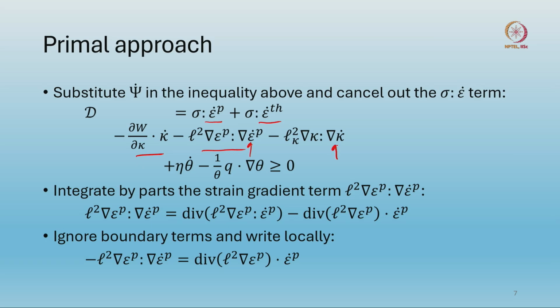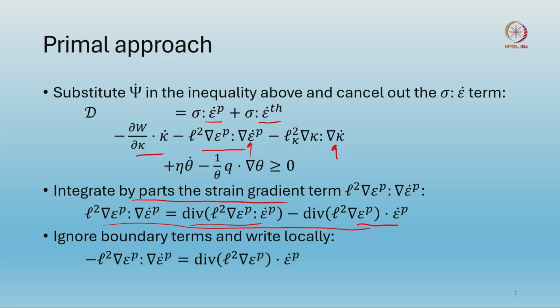Similarly, this term is not the right term. We have to remove the gradient from here so that we can actually free epsilon p dot and kappa dot. So therefore we need integration by parts, and if we do that, locally we can state it this way. This is the left side. In this expression, the term which is a pure divergence will lead, upon integration, to a boundary term, and the other term is what is actually important, which will be living even inside the body.